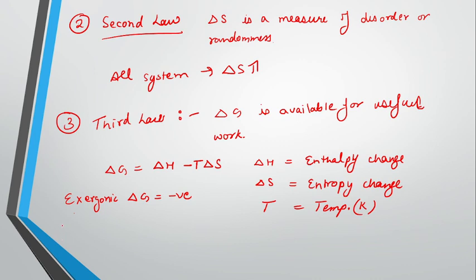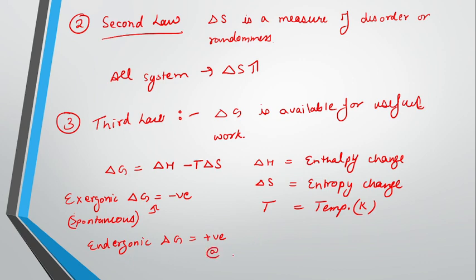This is spontaneous. It is occurring automatically. It is spontaneous reaction, exergonic. And okay, so endergonic. For endergonic reactions, delta G is positive. It requires energy for reaction to proceed. Delta G is greater than 0. It is not spontaneous.